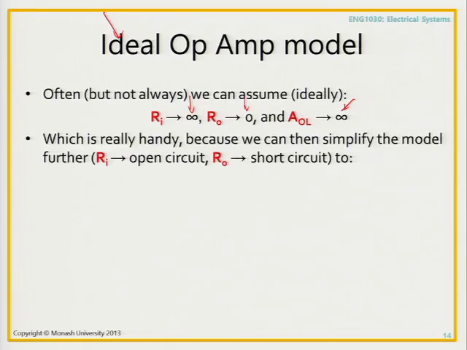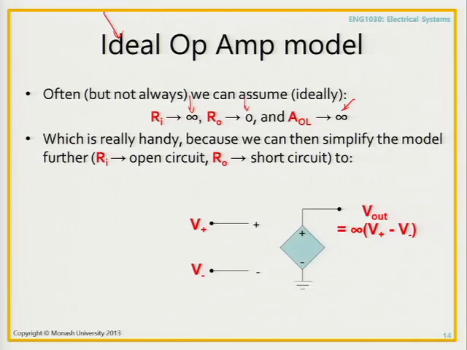Okay? This is really handy because if I substitute those values into the op amp model, I get this instead. What is this? We now have an infinite resistance between V plus and V minus. So basically, these two terminals are floating and there's no current going through the terminals. On the output, V out is equal to infinity times V plus minus V minus.